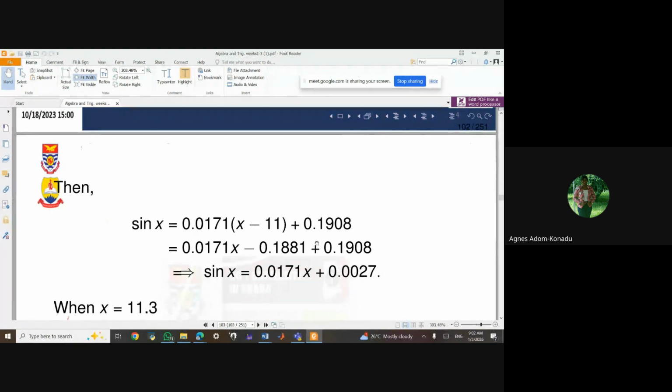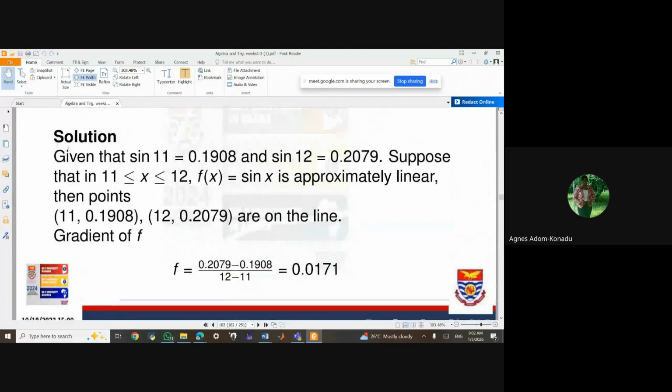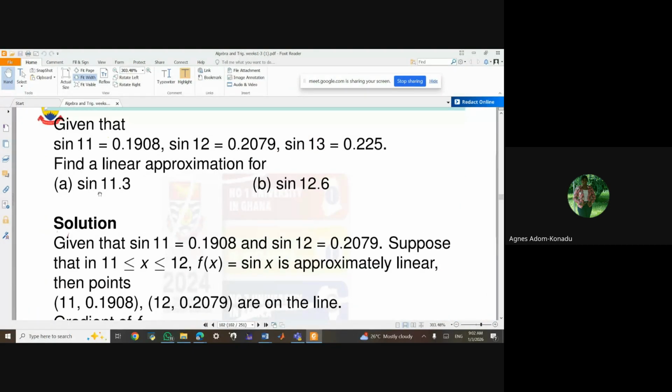When I simplify, I'm going to get sine x is equal to 0.0171x plus 0.0027. This is the expression for my sine x.